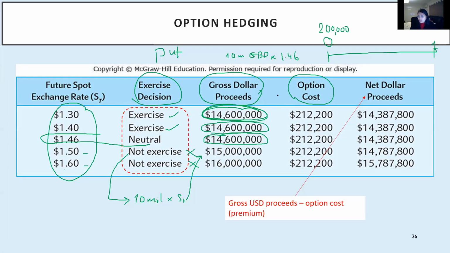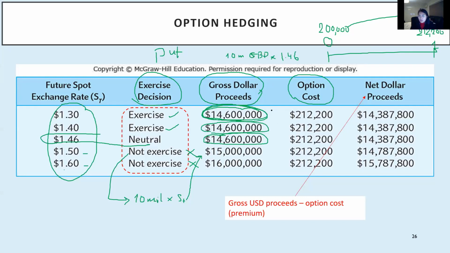which means that at the time when I exercise the option, at the time when I have to settle the pound account receivable, which is in 1 year's time, this cash flow will become 212,200 US dollars.